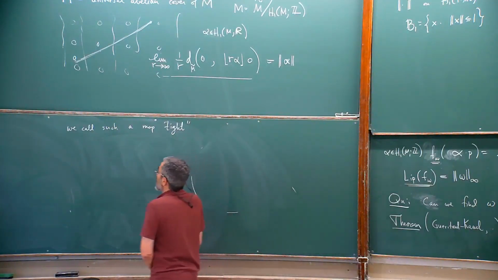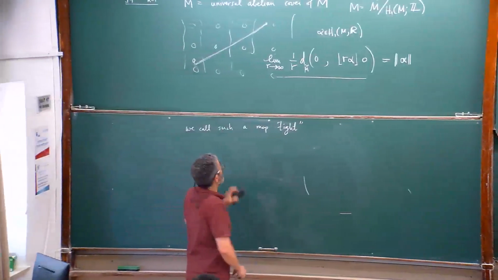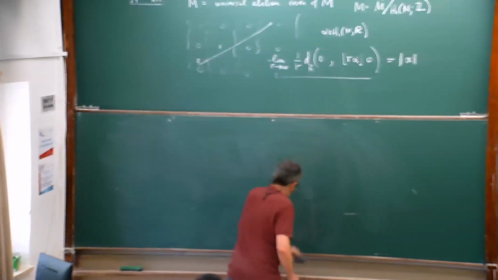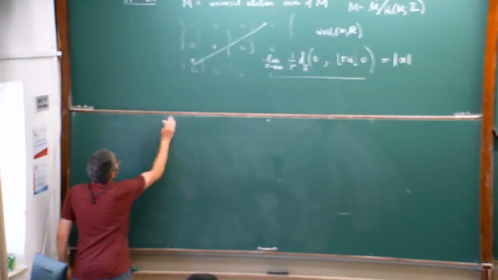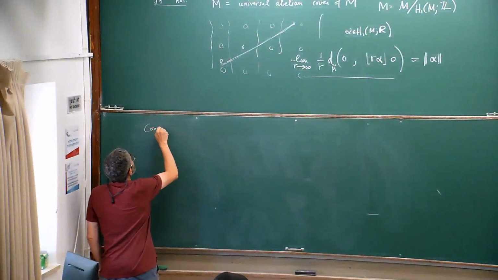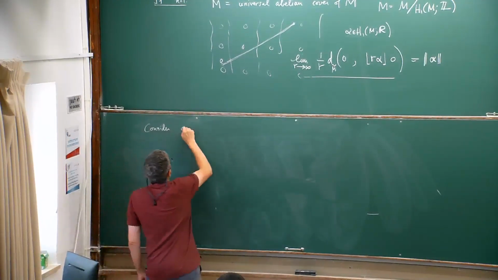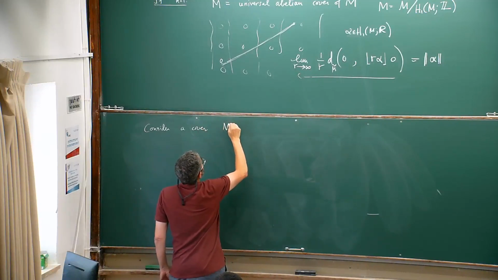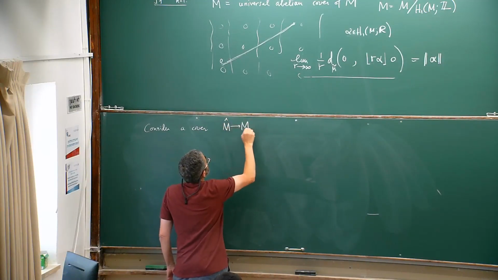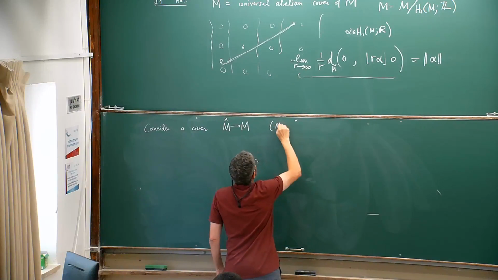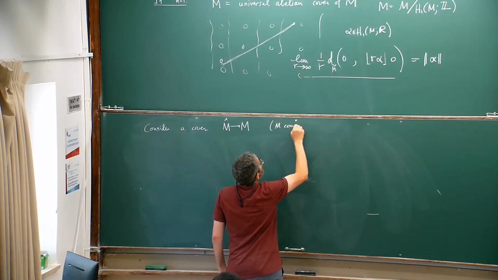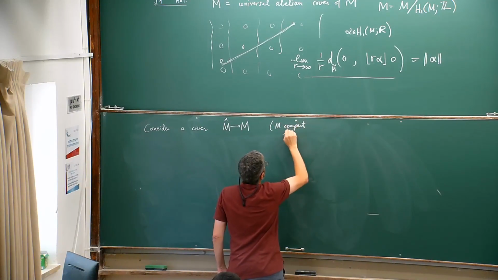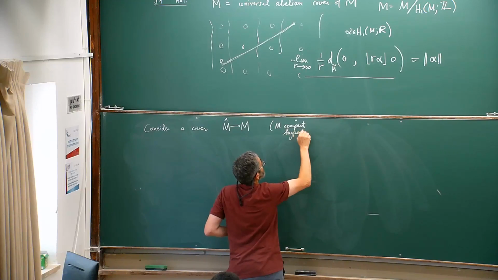But I really want to think about all abelian covers, not just the ones corresponding to the homology. So now let's consider a cover, give it a slightly different name, where M is compact. Let's make sure I say M is compact. And I'll say hyperbolic because I'm going to forget to say it otherwise.